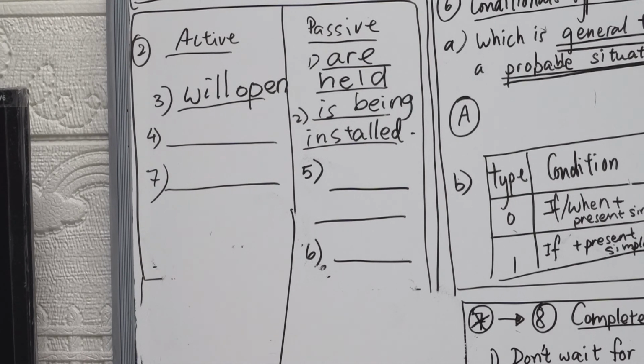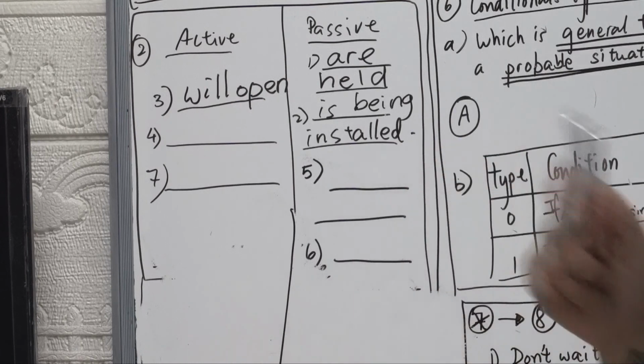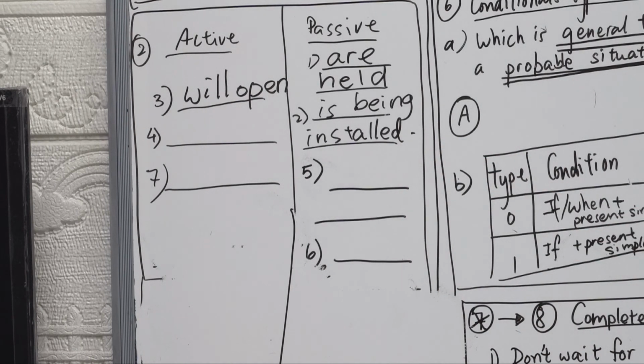Good. Next one. Let's go back to the passive, to answer number 4 in active. This sport has not been broadcast on TV before. This sport, object, has not been broadcast, verb, on TV before, right? So that's the object.